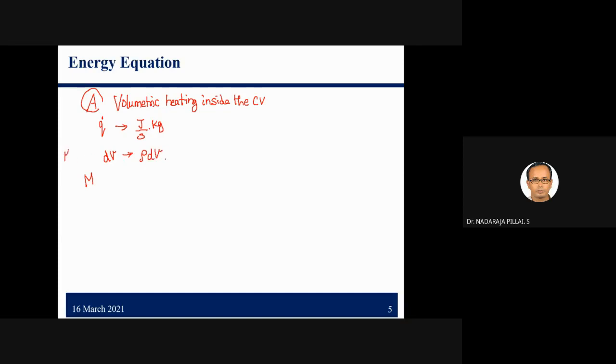So mass contained in the elemental volume is rho dV, and then we can write this equation: the rate of volumetric heating is equal to the triple integral over V of Q dot rho dV.